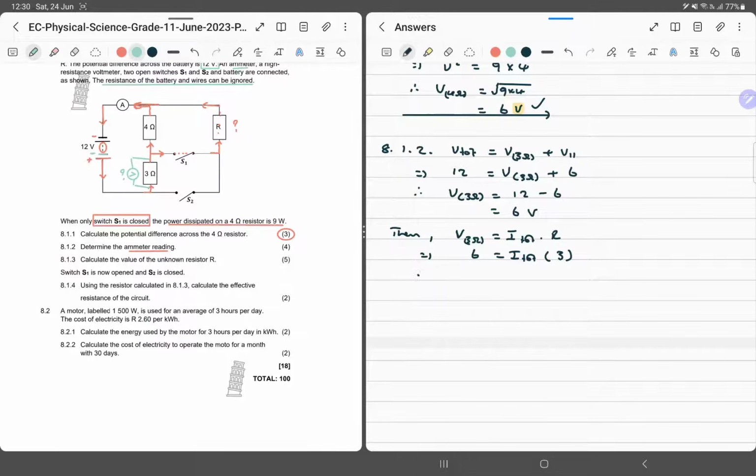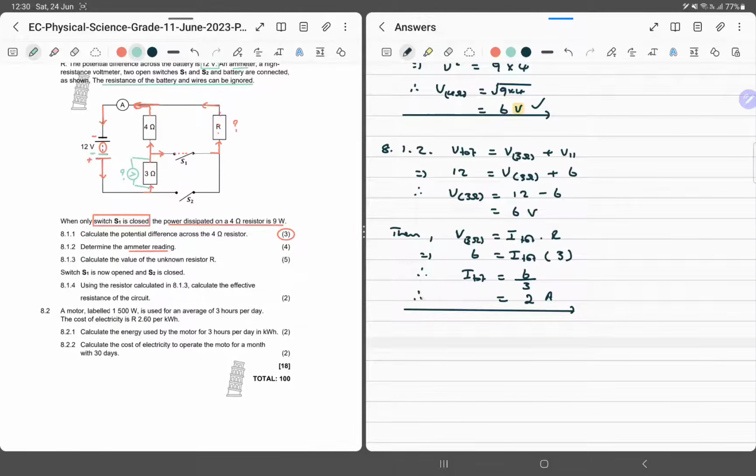Therefore, our I total, which is the ammeter reading, is equal to 6 over 3, which is equal to 2 amperes.